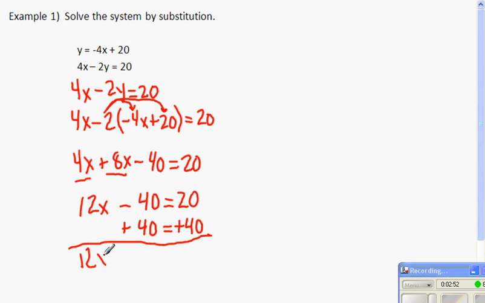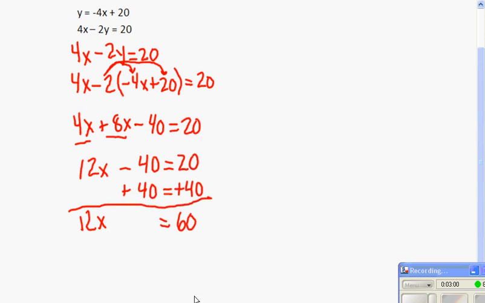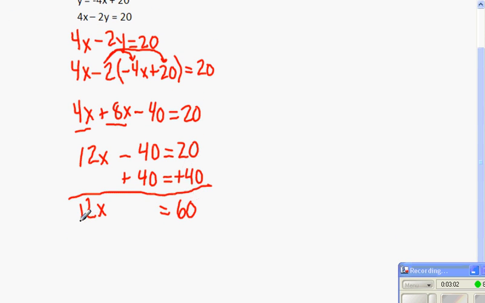We will drop down our 12x, and that is equivalent to 20 plus 40, which is 60. From here we need to get x alone, so we need to divide both sides by 12. And we would find out that x equals 5.